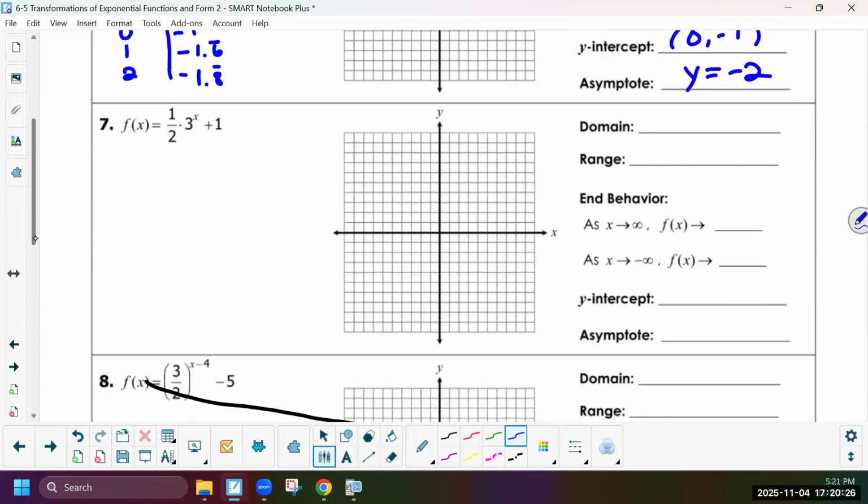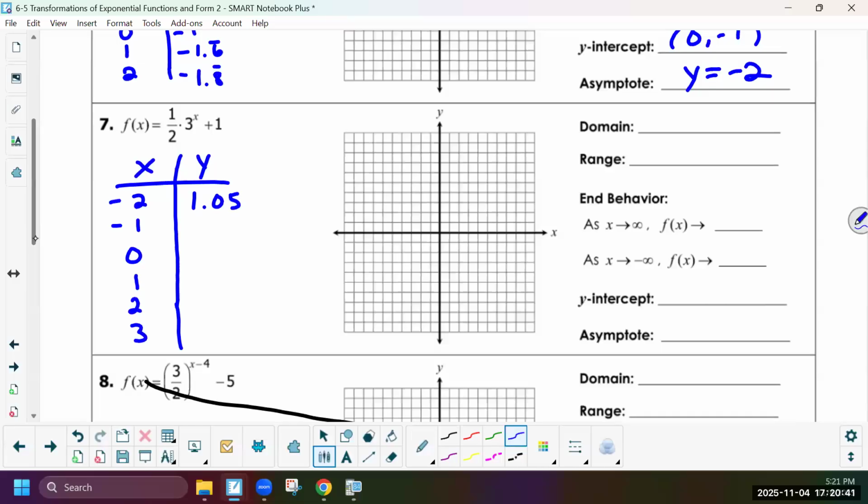All right, so number 7, if you looked at your table, this time I went from -2 to 3. Here are my values. There were some repeating values. There can be some decimals. We're going to try to eyeball this the best we can.